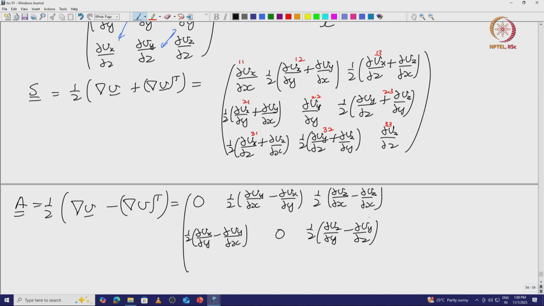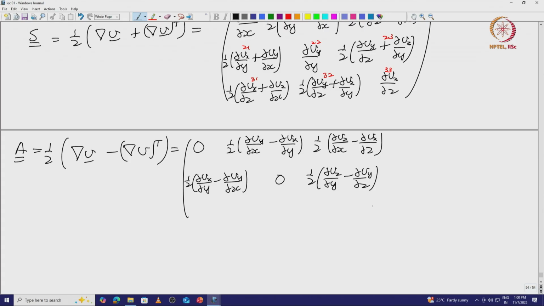So there's a mistake here. So, that is the antisymmetric tensor.